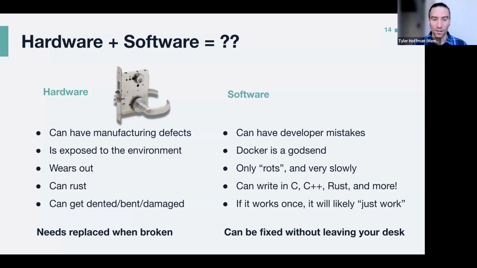It's not going to be as hard as building hardware every single time. And with software, it's generally reliable. Nothing wears out. If it works once, it'll almost always work again, unless there is some other task corrupting memory, which will affect something. But typically, if software works, it will work continuously.